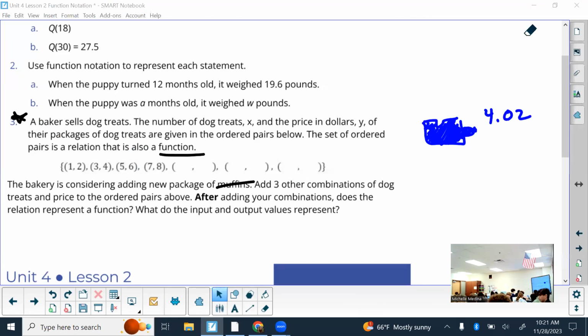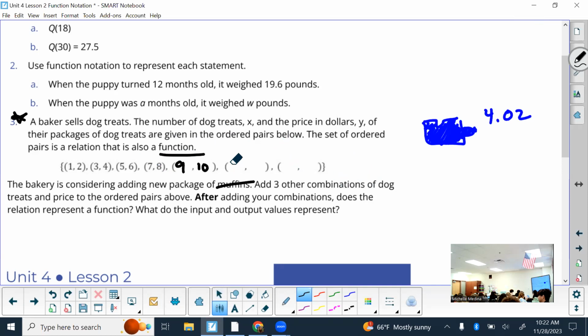Does anyone want to share what they put so we can see if it's right and if it's a function or not? You could have put pretty much anything you wanted. It's just that it happens in your combinations. All right, so then let me ask you this.